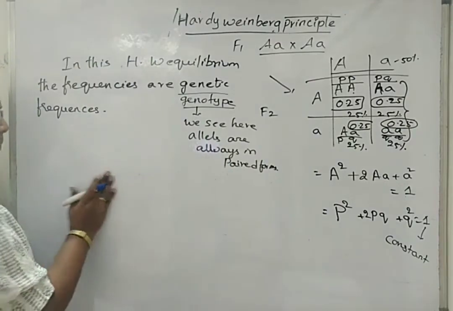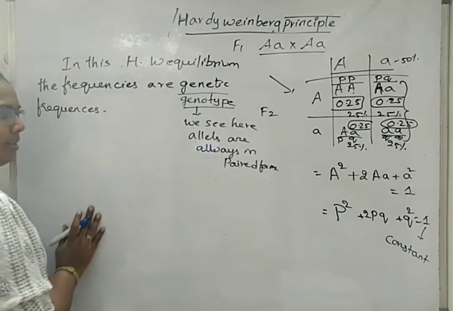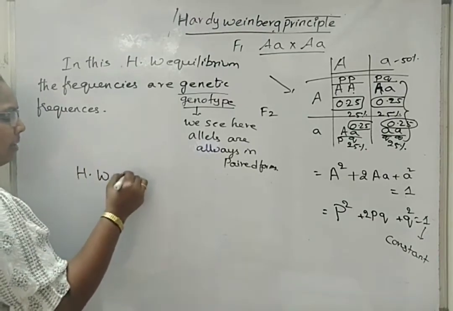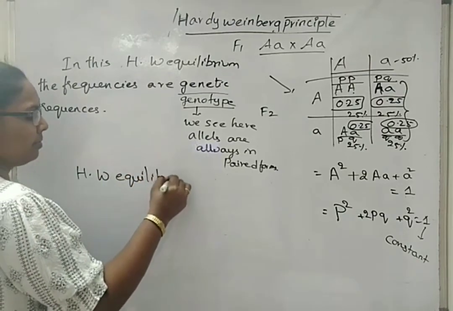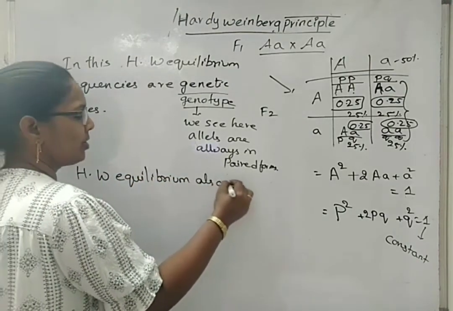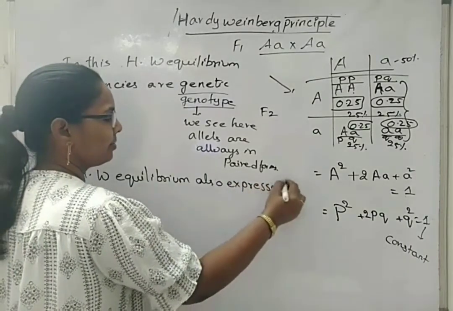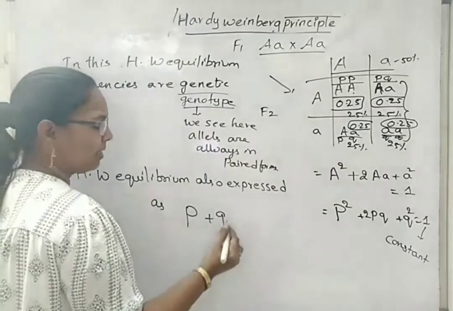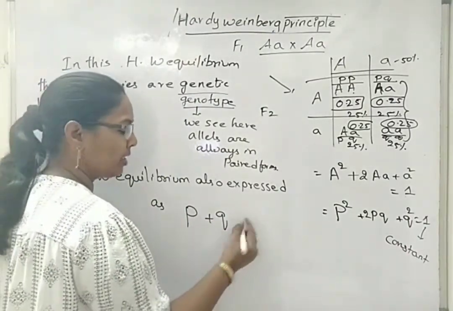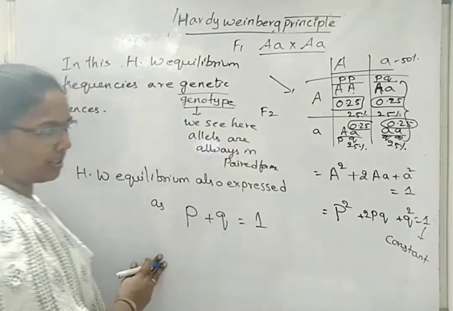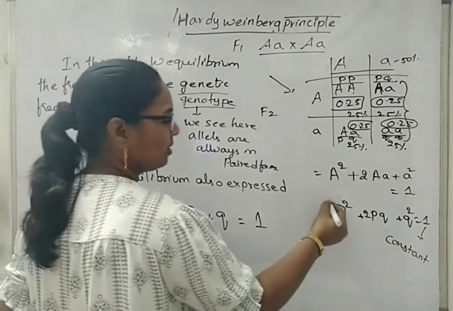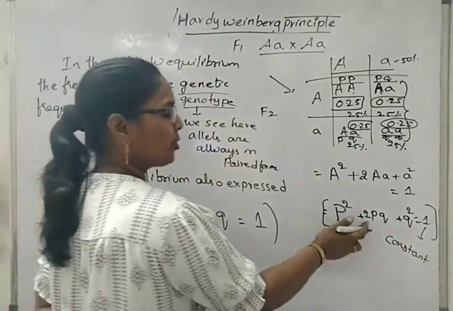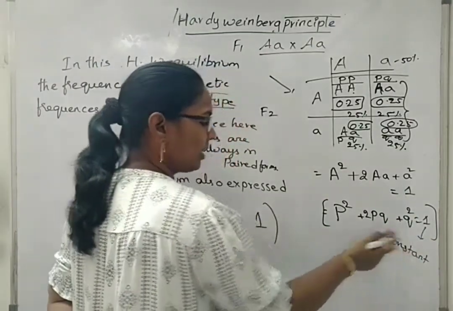There is another way to express the frequencies of alleles. The Hardy-Weinberg equilibrium is also expressed as the dominant allele plus the recessive allele, which means the individual frequencies of the alleles are also constant. So we have two different equations for calculation: P square plus 2PQ plus Q square is equal to 1, which is constant.